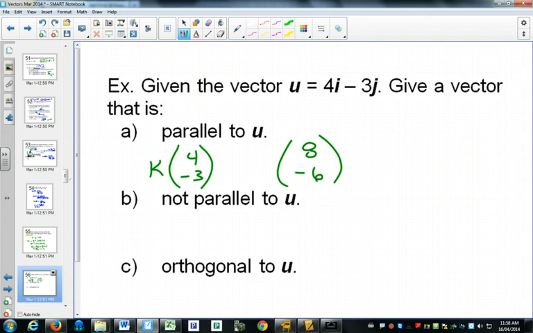If you pick k as 3, you could have 12, minus 9. That would be parallel. Even if you put a negative number in there, it would still be parallel, going in the opposite direction, but the 2 vectors would still be parallel.